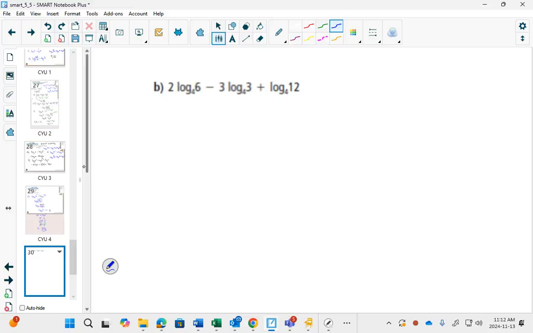Same thing in B. I look initially and I'm like, 4 to what exponent is 12? I can't do that in my head. 4 to what exponent is 3? Can't do that in my head. So maybe it makes sense to combine this as a single logarithm. Start by putting in the exponents.